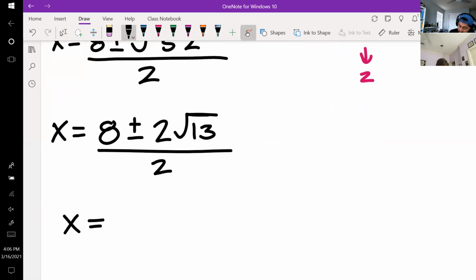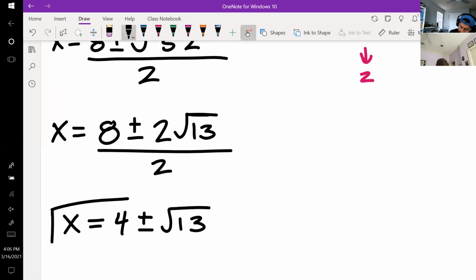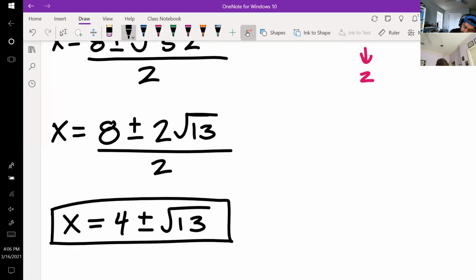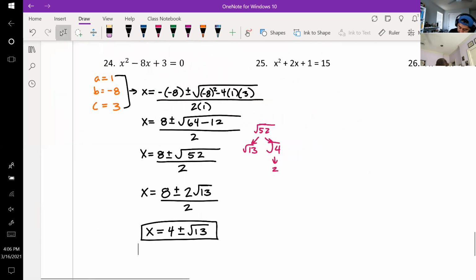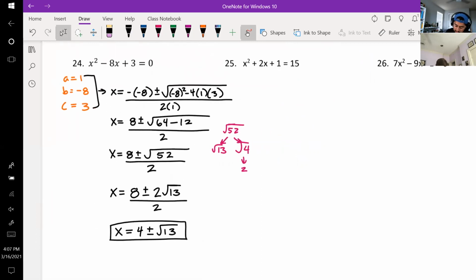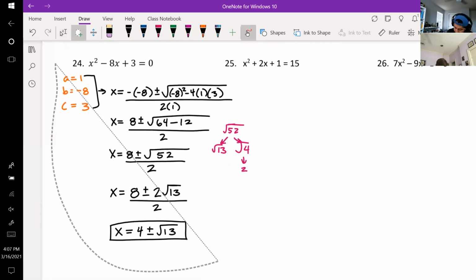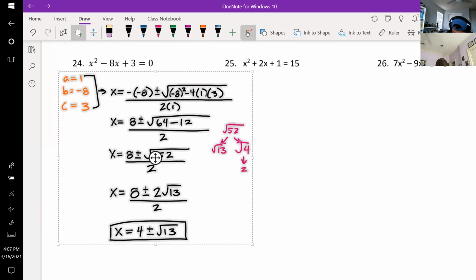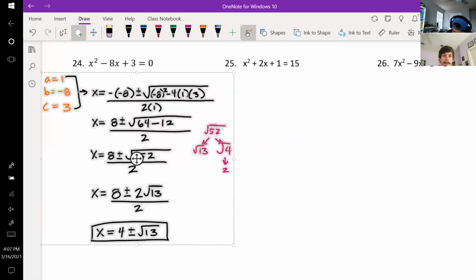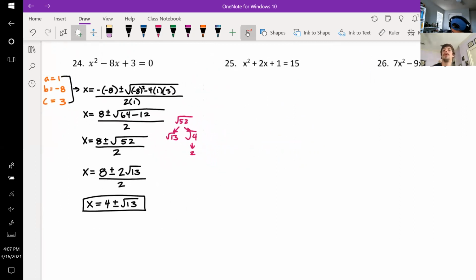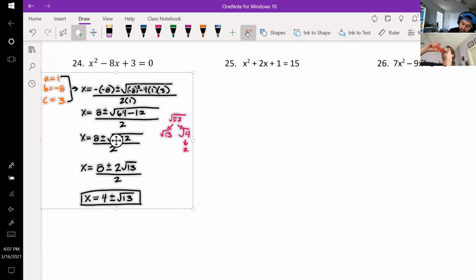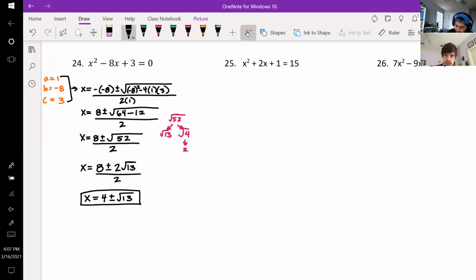And you'd have 4 plus or minus square root 13. There it is. All right, not bad, not bad.